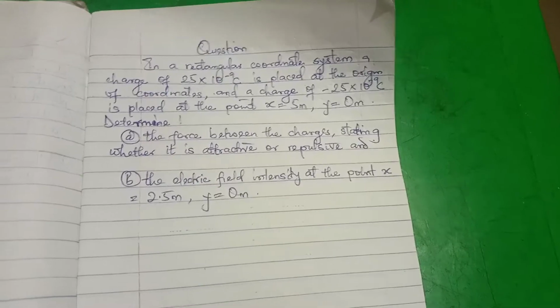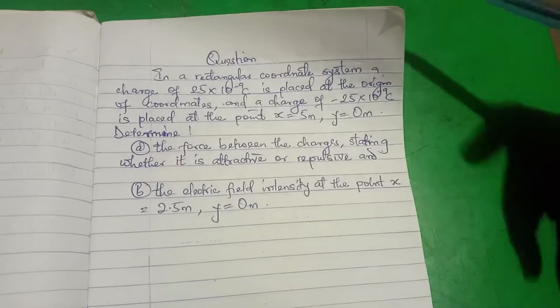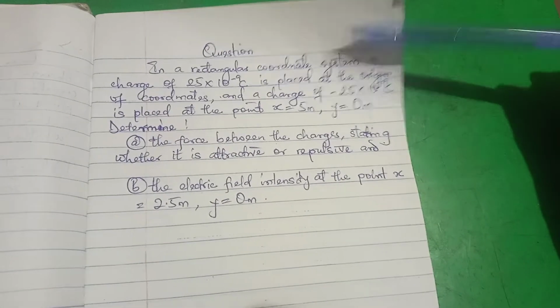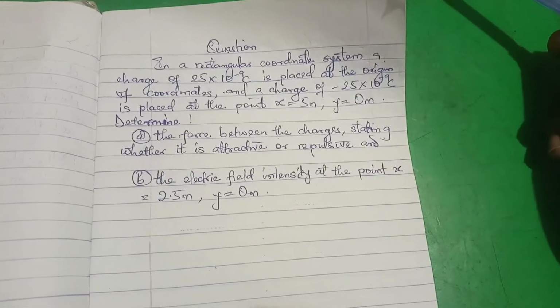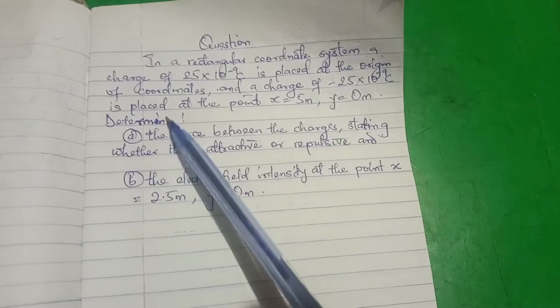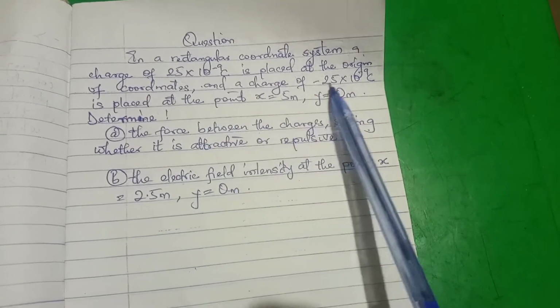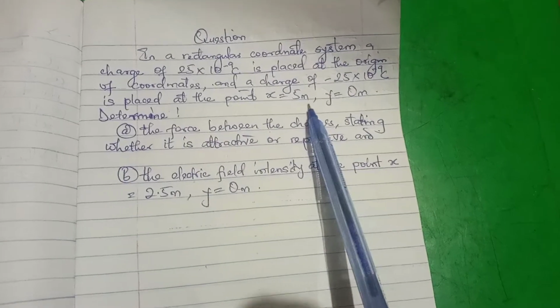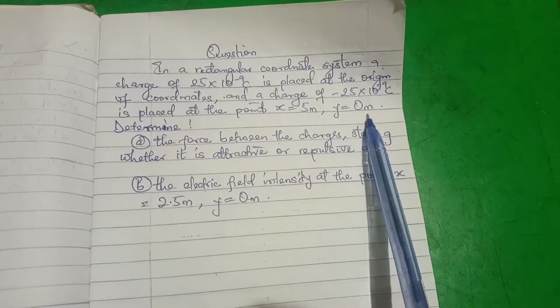It's another time for physics tutorials, and today we'll be doing a continuation from where we stopped on electric field. Okay, here is the question. It says in a rectangular coordinate system, a charge of 25 times 10 raised to minus 9 coulomb is placed at the origin of coordinates, and a charge of minus 25 times 10 raised to minus 9 coulomb is placed at the point x equals 5 meter and y equals 0 meter.